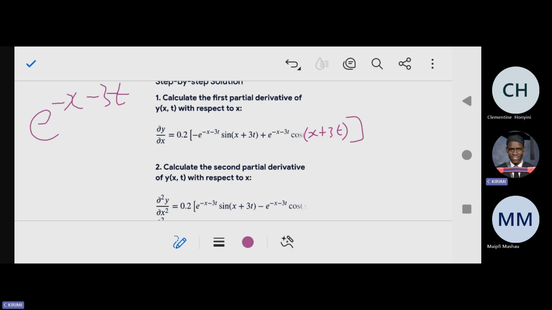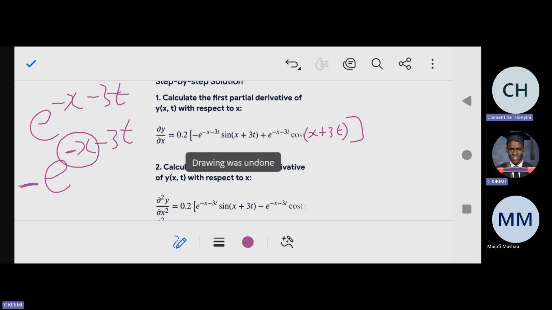We are going to get minus e to the power minus x minus 3t. Why? Because t is a constant, just a number. That's why we are getting a negative. A negative is coming from the derivative of this one. You also differentiate minus x, you get -1. So this is the first derivative.